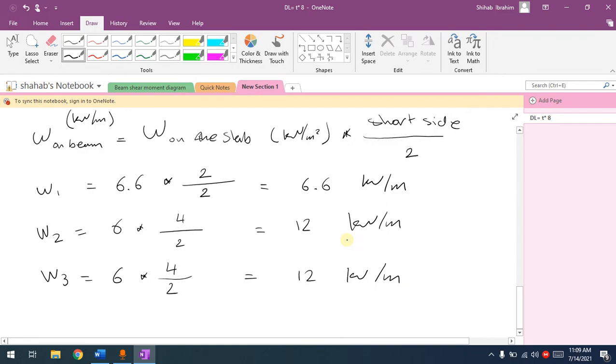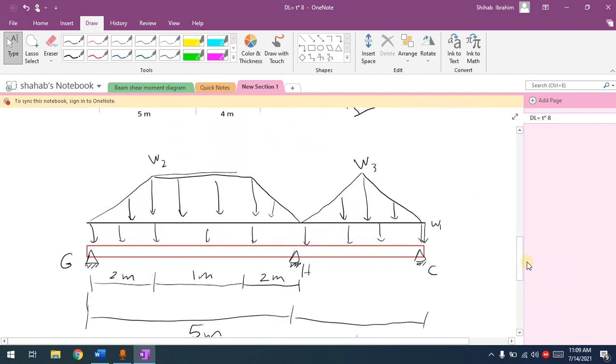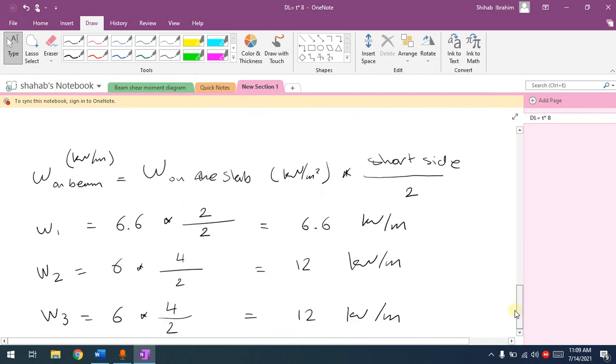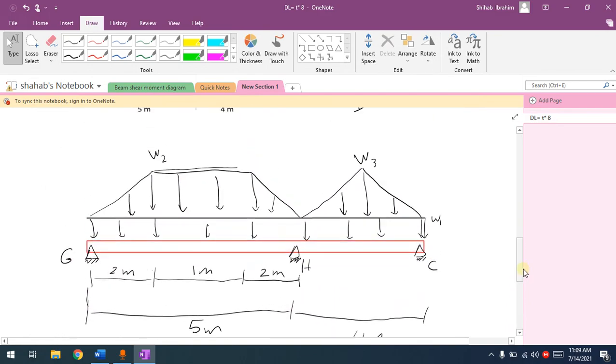Now I got those results, but I have to do what? I have to bring them back here and write them. So W1 is 6.6, the other one 12. So W1 here, 6.6 kilonewton per meter. However, I will write it like this here, but it will not be true.